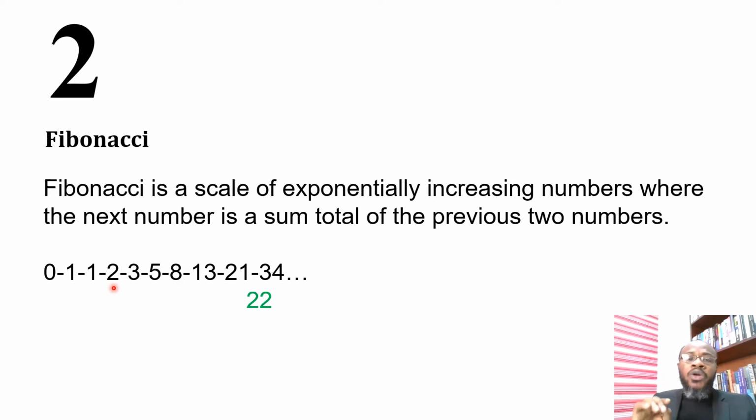I want to show you difference and then perceived difference. The difference is 1. That is a fact. But the perceived difference is that this number here is twice the number there.